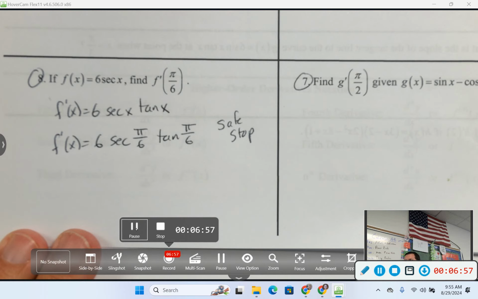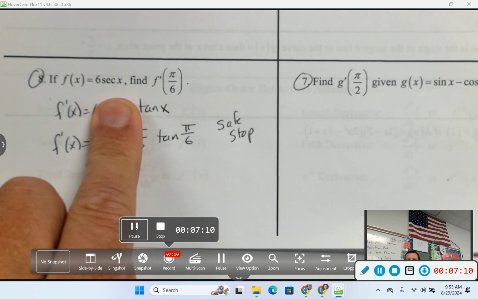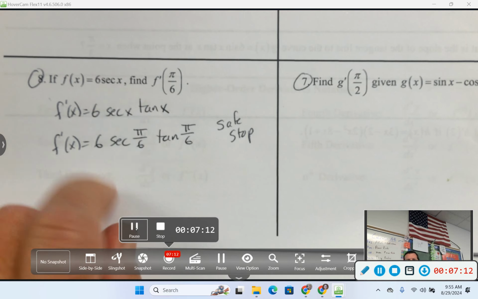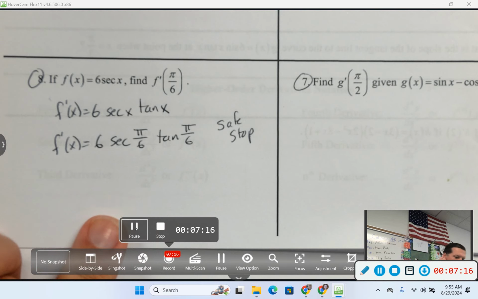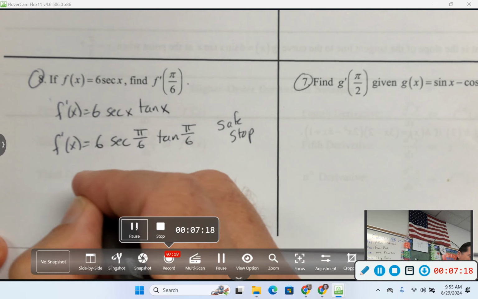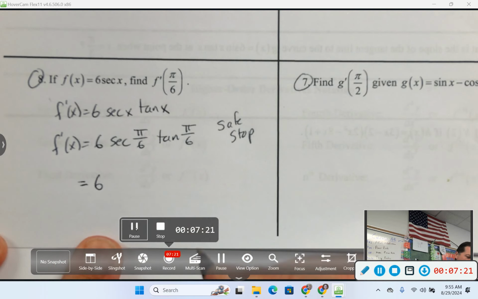So on a free response question, you don't have to know trig values, because you can just leave that as your answer. Now on a multiple choice test, where a problem that straightforward is going to be a multiple choice question, there's no way that that's going to be the answer. They're going to expect you to know your unit circle, to do a little bit of algebra.